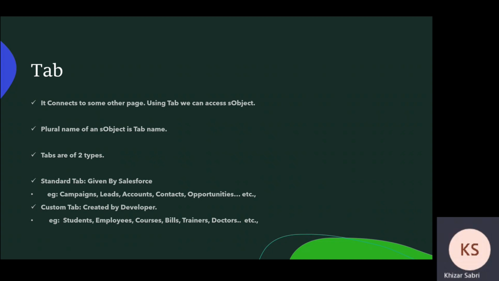For example, if you have contact, is that plural or singular? Singular. And the plural, contacts. So remember, plural is called the tab, and singular is the S object. There are two types, again, standard and custom.